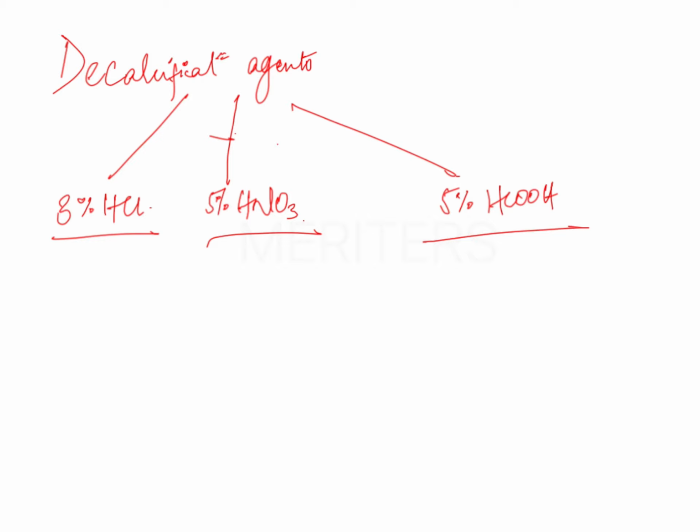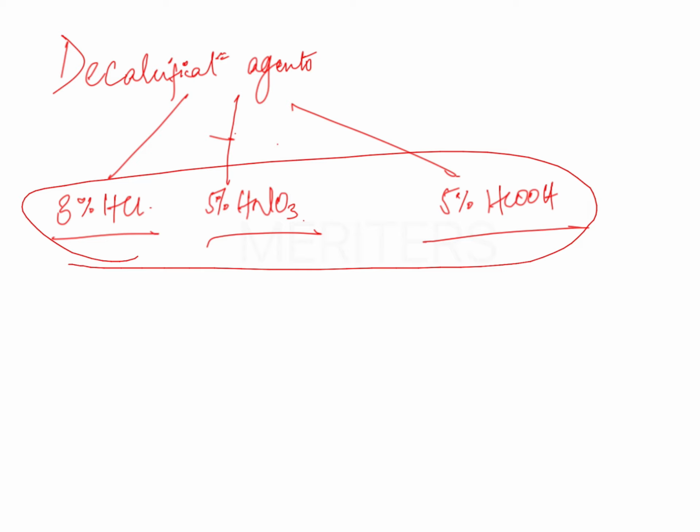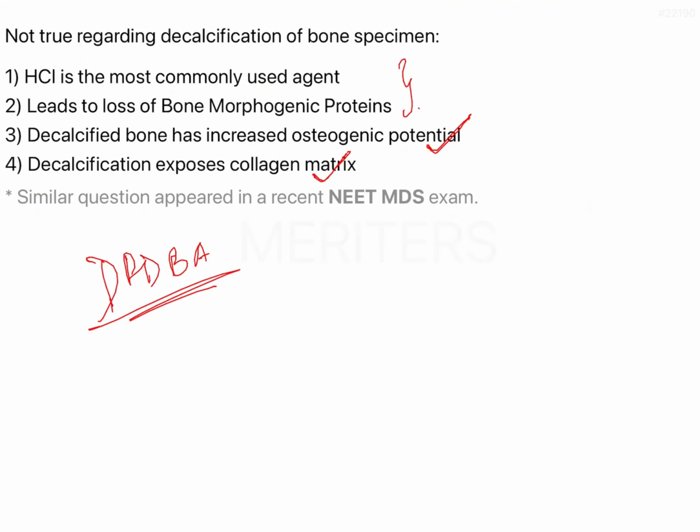One is 3% hydrochloric acid, second is 5% nitric acid or HNO3, and the third is 5% formic acid. These are the three most commonly used agents. Amongst these, 3% HCl is the most commonly used because it is easily available and much more affordable compared to the other two agents. That is why answer 1 is also the right option.